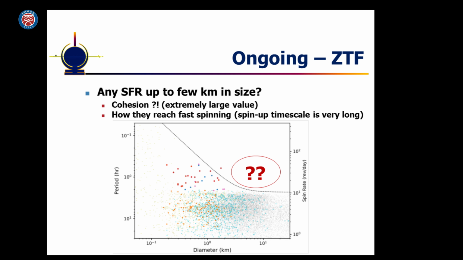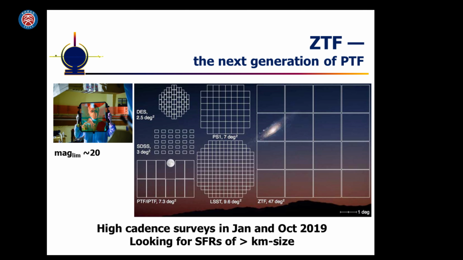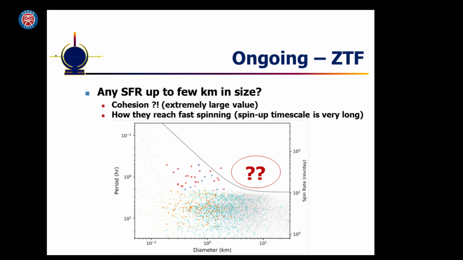And luckily, the PTF upgrade, ZTF, has a huge detector, this one, the largest field of view telescope on Earth so far. It has a 77 square degree field of view, so it can help us find anything here.